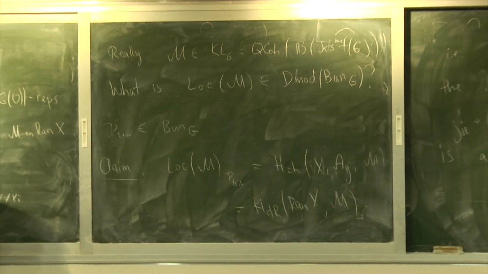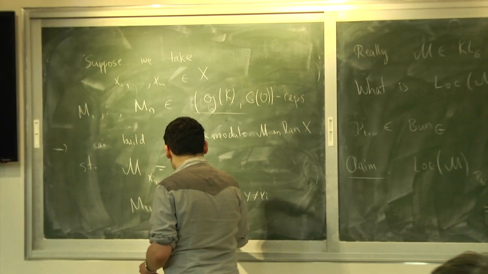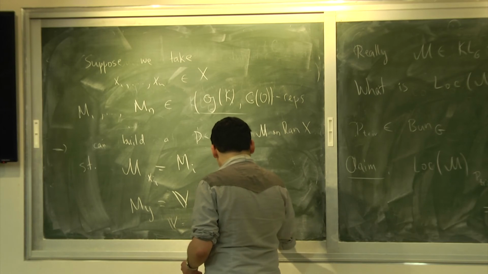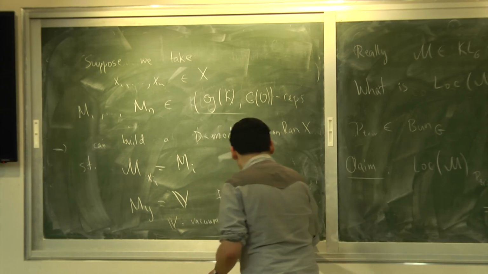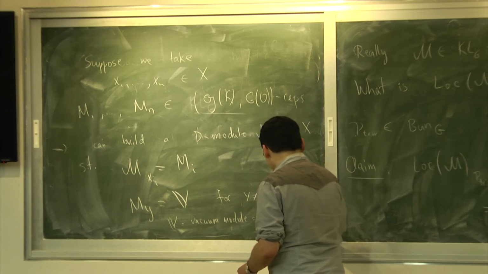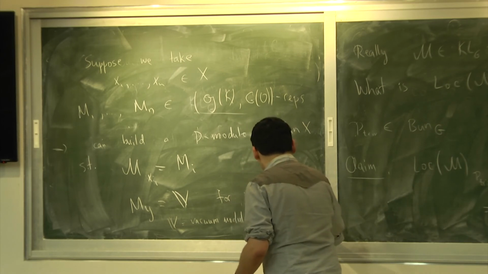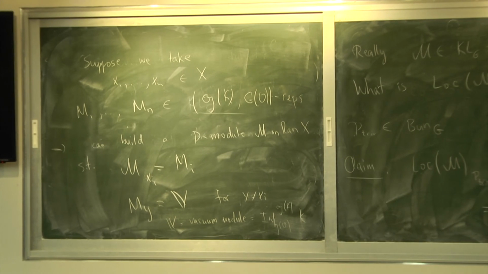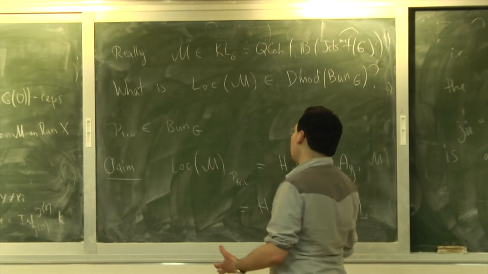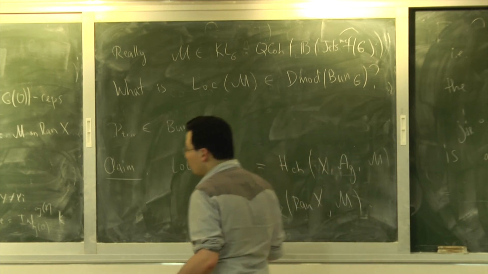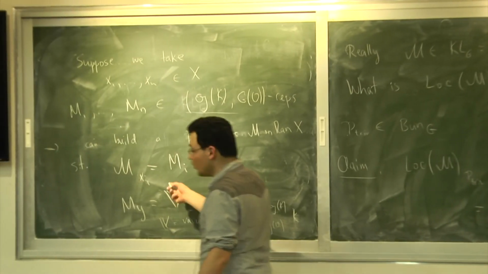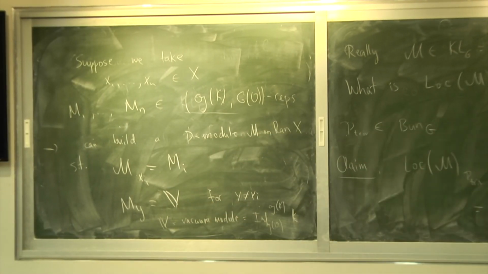So V is the vacuum module, which is the induced representation from G of O to G of K of the trivial representation. All right. Well, this guy is a factorization algebra that corresponds to this whole thing. It has the property that, well, if you take all the Mi or no Mi at all, the fibers will be just a vacuum module.